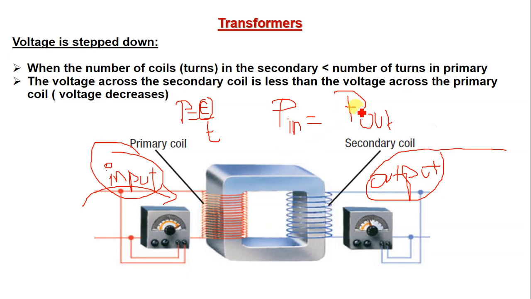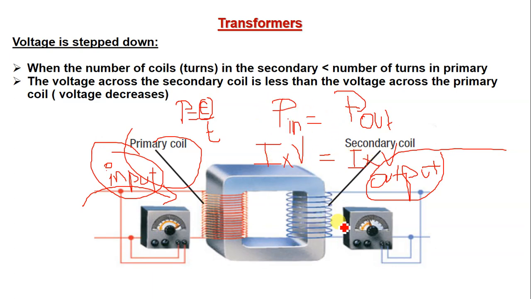Girls, if you remember the equation of power in electricity, what was it? It was current times voltage. If you turn back to the electricity chapter, the input current times input voltage of the primary coil is equal to the output current times output voltage of the secondary coil. So focus please on this.